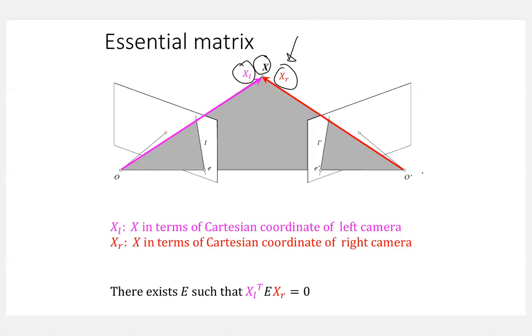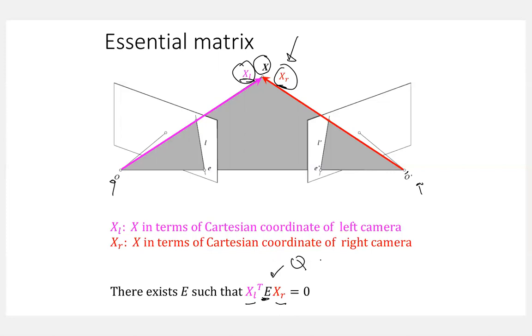If I look from the right camera and also from the left camera, there will be two different coordinates, because the coordinate systems are different. We claim that there's some matrix E, which we call the essential matrix, that connects these two coordinate systems such that X_R transpose multiplied by E multiplied by X_L is equal to 0. Okay, another very simple question here.